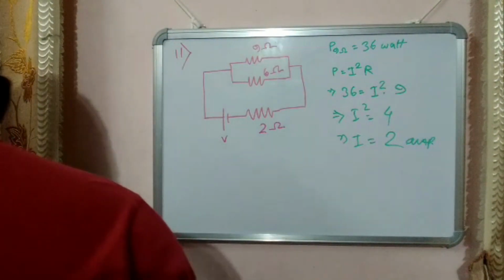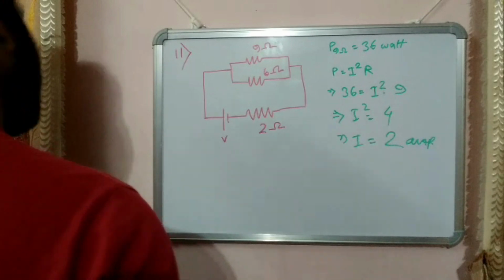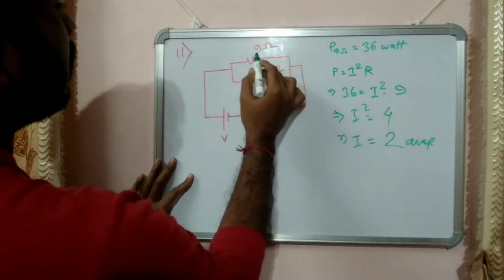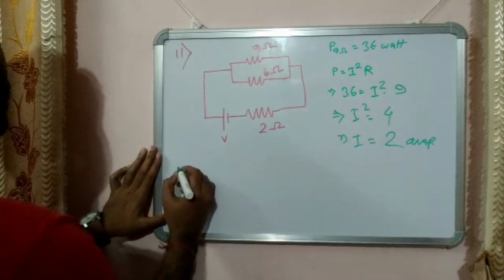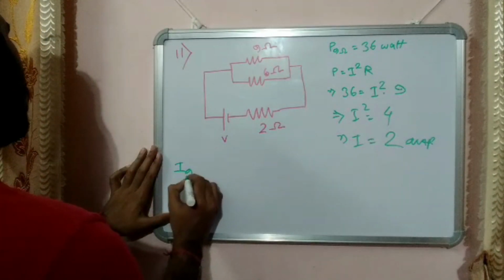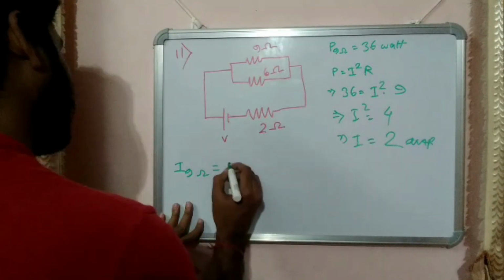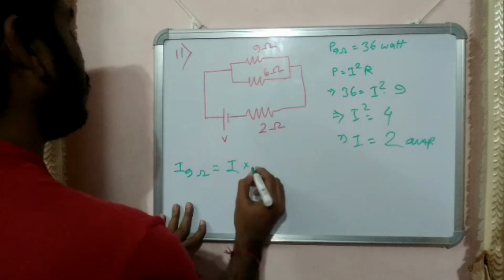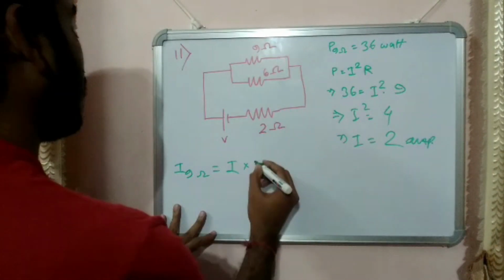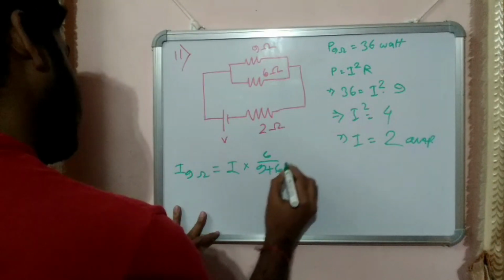So simple. And from this resistance, we can easily calculate the current in 9 ohm using the formula: total current entering the circuit into the fraction, that is 6 by 9 plus 6.